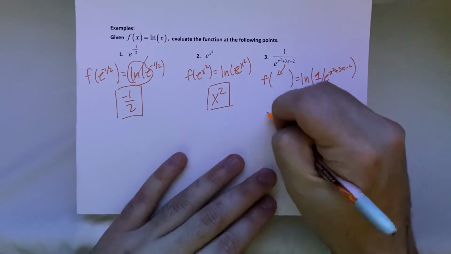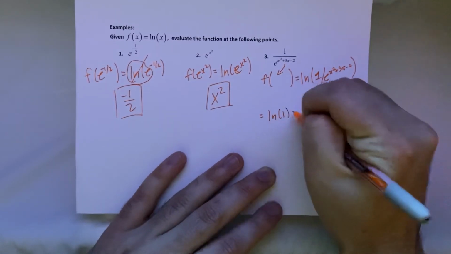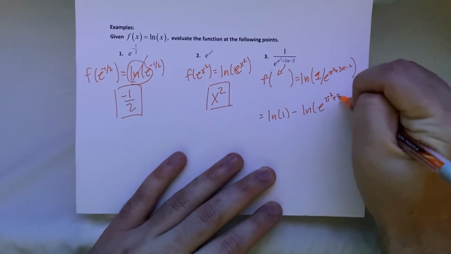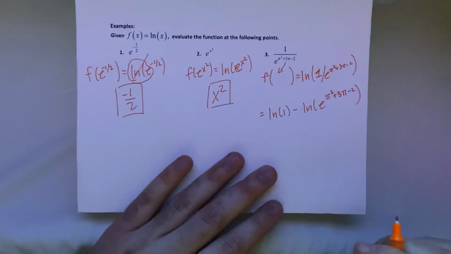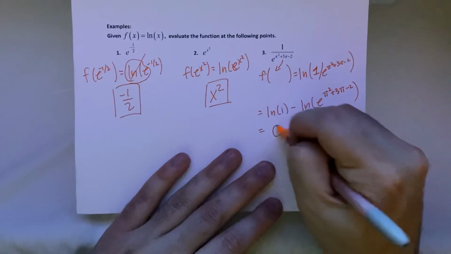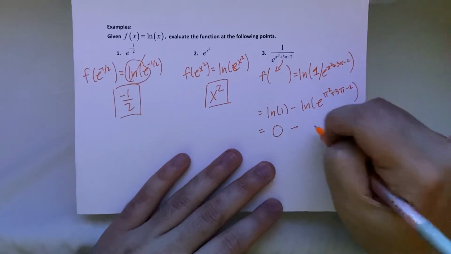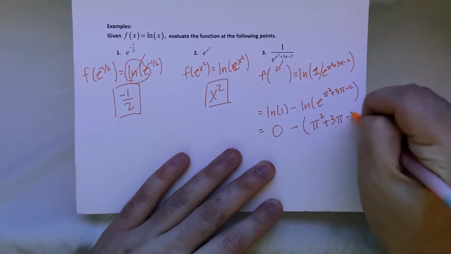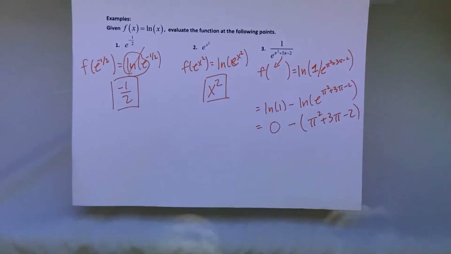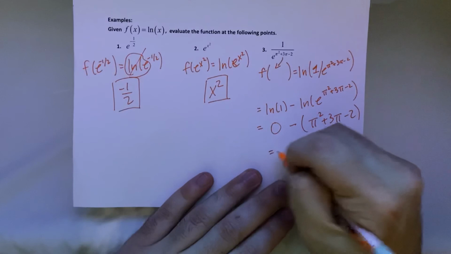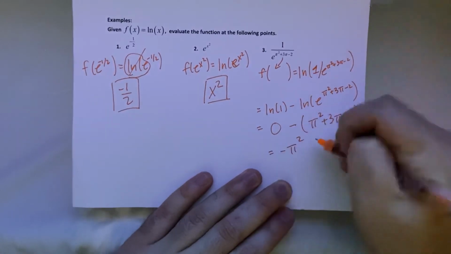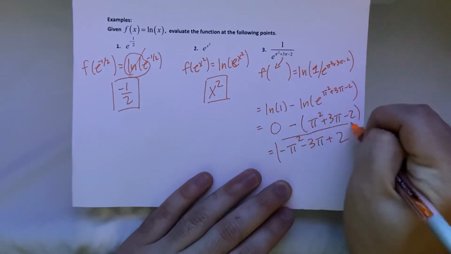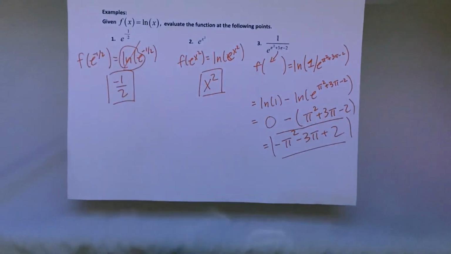You can subtract: the ln of 1 minus the ln of e to the pi squared plus 3 pi minus 2. Ln of 1 is 0. Ln and e will cancel, so we have 0 minus, in parentheses, our exponent, pi squared plus 3 pi minus 2. Because we're subtracting it, it changes all our signs, so this is equal to negative pi squared minus 3 pi plus 2. And that is all for 4.3.